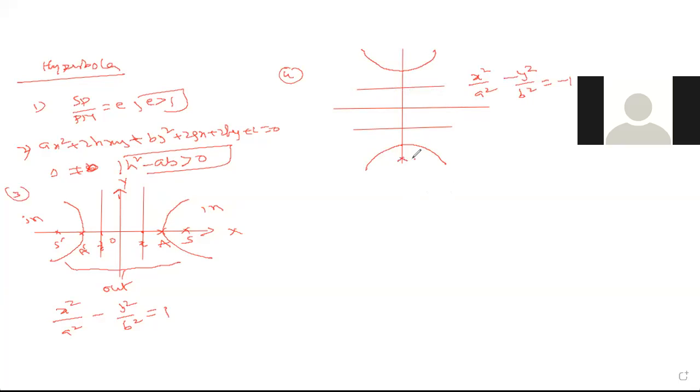This is S dash, A dash, Z dash, center origin. This is Z, this is A, this is S. Entirely different, these two equations. This is called conjugate hyperbola. This is hyperbola, this is conjugate hyperbola.